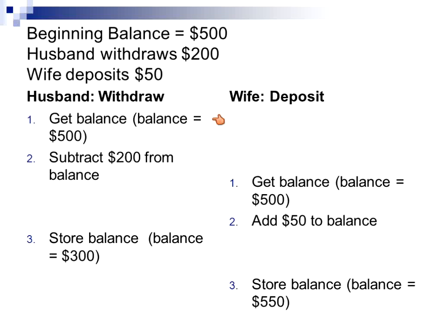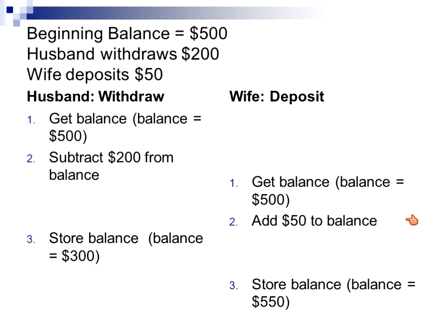What could happen here is that the husband gets the balance and subtracts 200 from his local copy of the balance. But the balance that was stored out in memory is still 500. So when the wife does the deposit, she gets the balance first, which is 500.